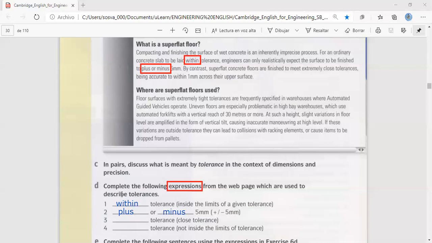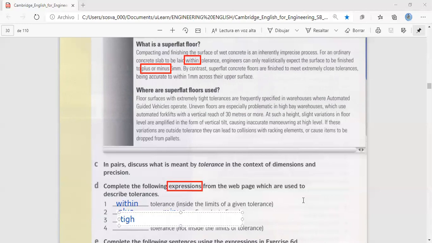That will be like the range. The tolerance range. Close tolerance. There is not a lot of possibility to tolerate more, just this, and that's everything. It's tight. Tight tolerance.